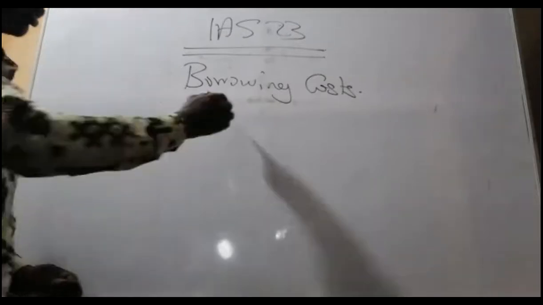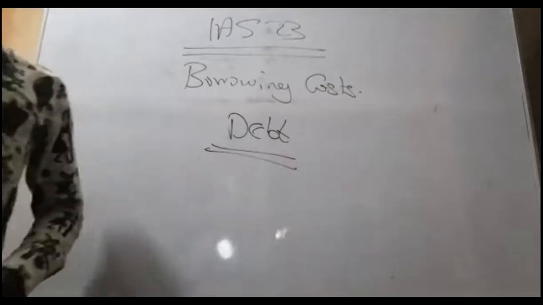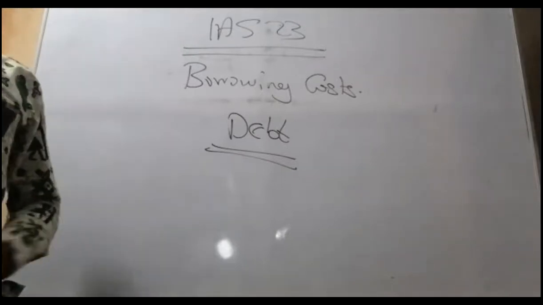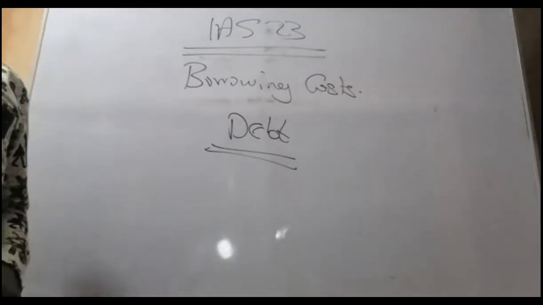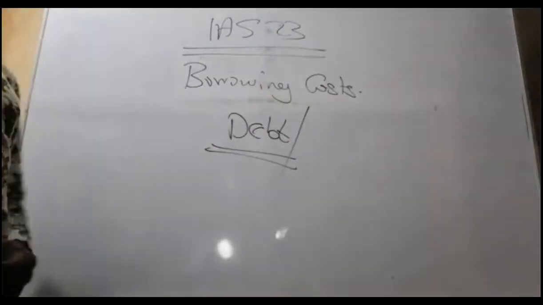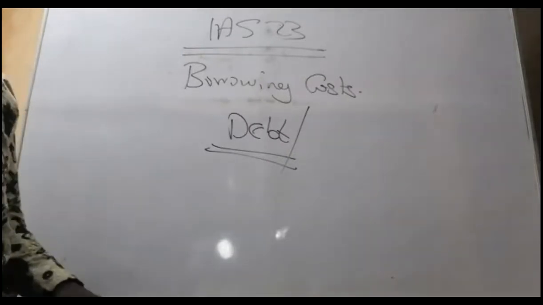So if you secure funds through debt, any cost incurred, we call it borrowing cost. So interest and any other cost when you secure finance. Normally you can also incur it on equity, but we are considering the debt here. So basically that is it.